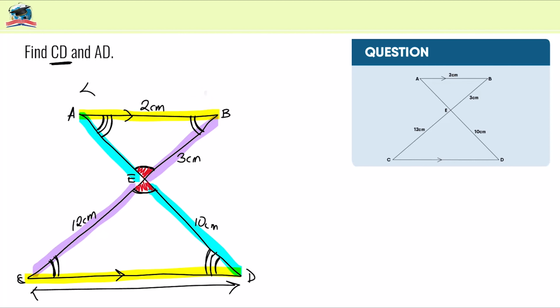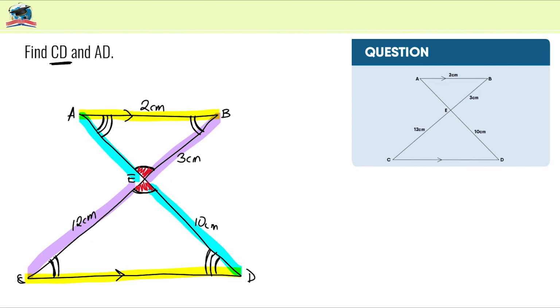Then apart from that, what else do we have? That is complete. Oh, wait a minute. We got this side here. This is 3 and 12 centimeters. So that is the part we will make use of. So we have a complete side which is similar, BE and EC.